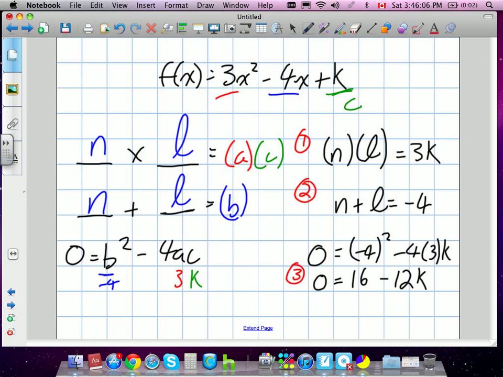Alright, so I have now 1, 2, 3 formulas, and I have n, l, and k, 3 variables. As long as I have the amount of formulas, I can work backwards in solving this through substitution and elimination, which is stuff we would have gone through in grade 9. Now what I'm going to want to do here is take this equation here because it only has the 2 variables involved in it, n and l.